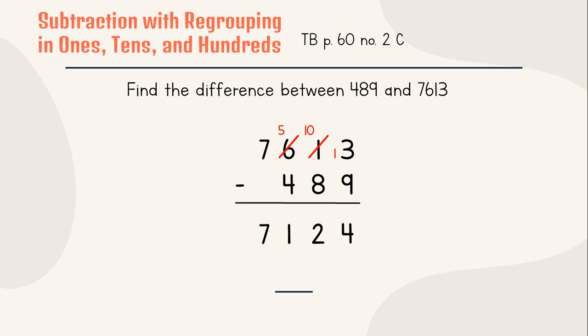Look at here. 3 cannot be subtracted with 9. That's why we need to borrow 1 ten, so 3 will be 13, and then this 1 ten becomes 0. Because 0 cannot minus with 8, we have to borrow 100 from 600. So 100 and 0 tens minus 8 tens equals 2 tens. 500 minus 400 equals 100. Goes down.